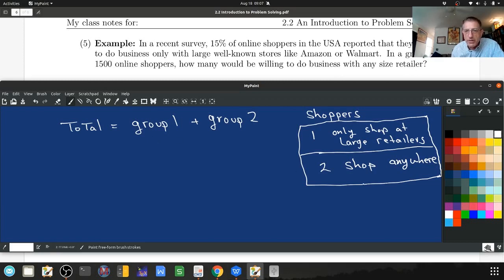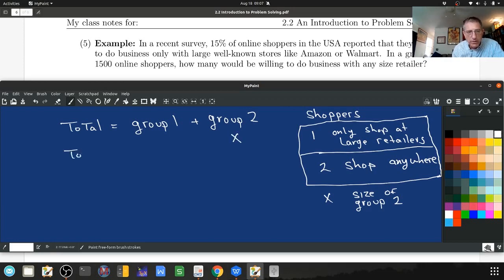So we want to know the size of group 2. So let X be the size of group 2. And we know that the total number is equal to, well, let's go ahead and solve for X.